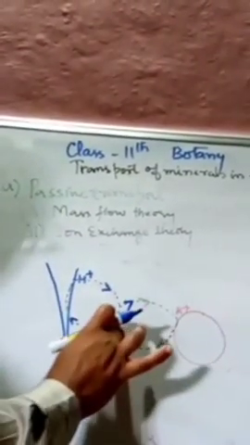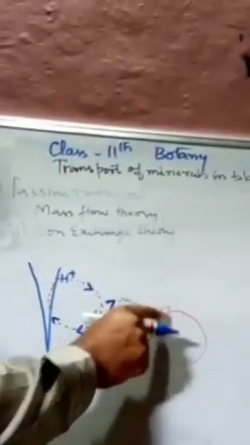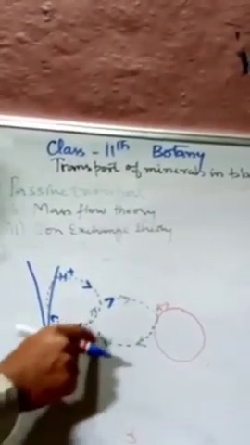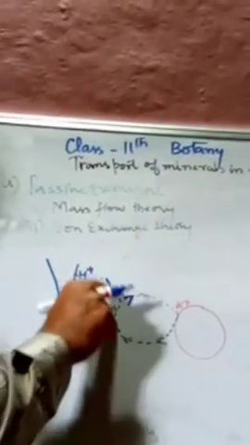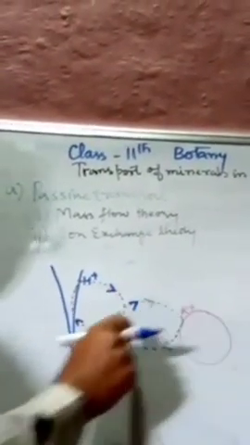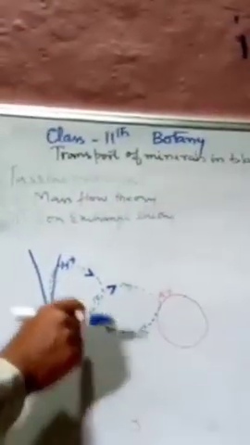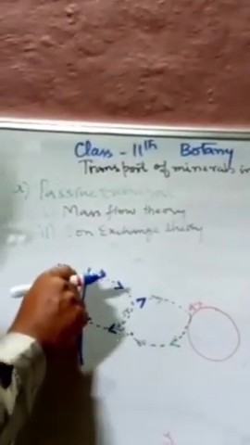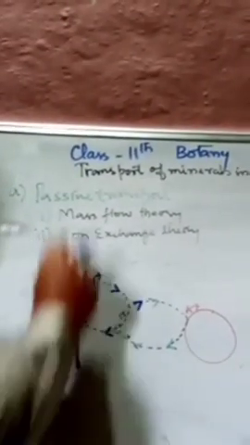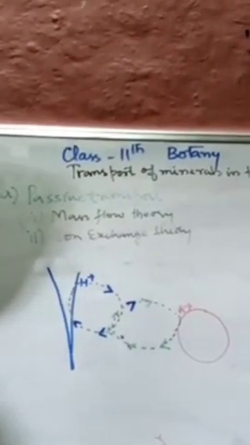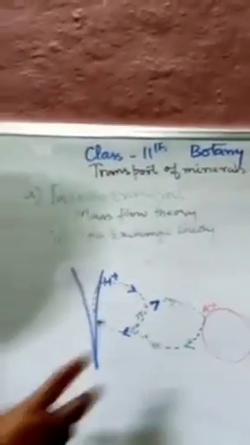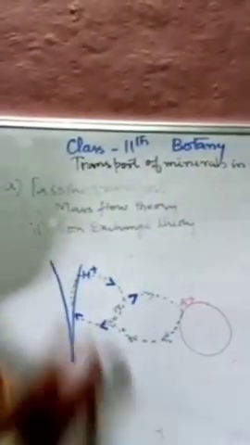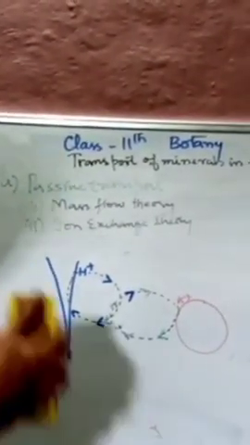So what we will see is that the potassium ion gets into the path of the hydrogen ion, and the hydrogen ion takes the path of this potassium ion, and in this way the potassium ion enters into the roots and then is transported to the various parts of the plant. This is the ion exchange theory, how the ions get exchanged and how their movement takes place.